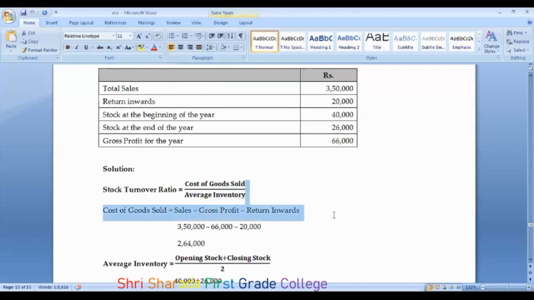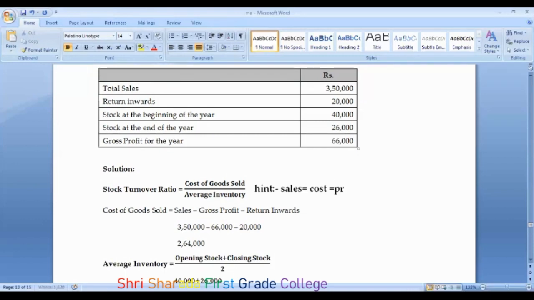You can also take it as a hint: sales is equal to cost plus profit.